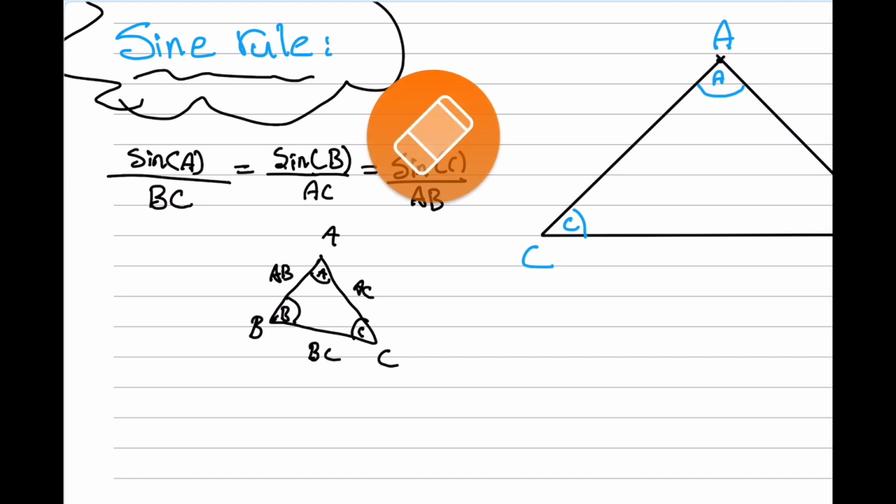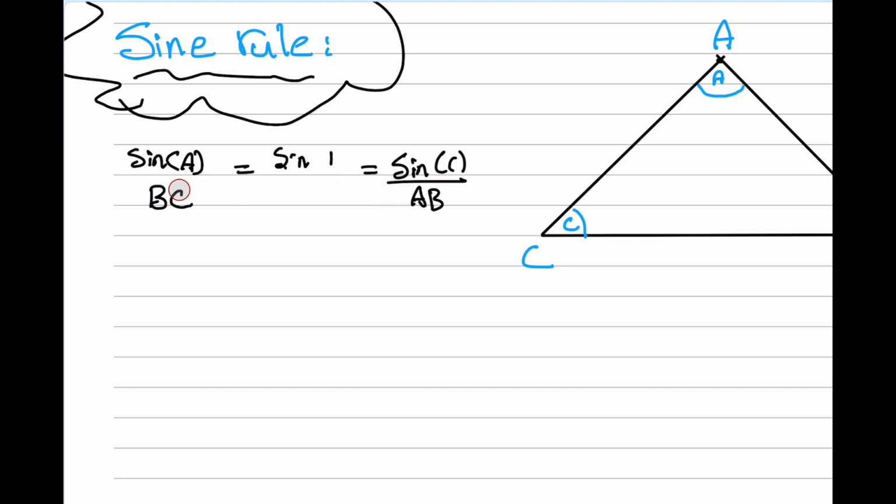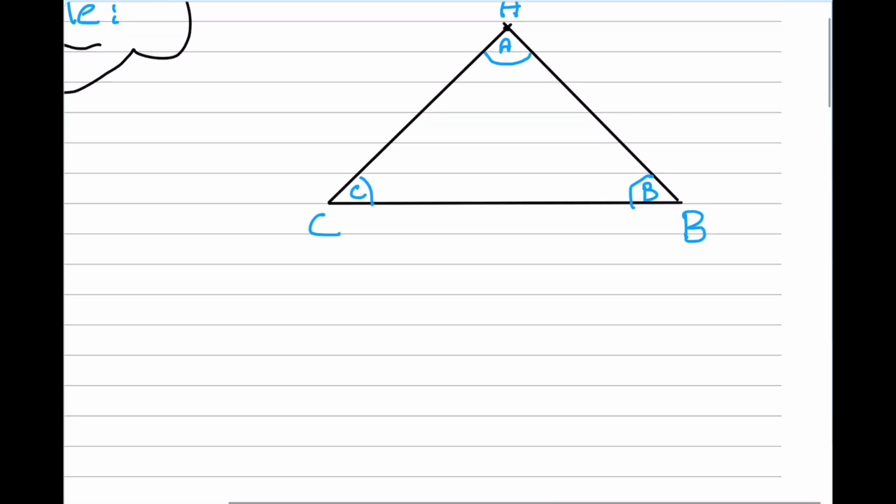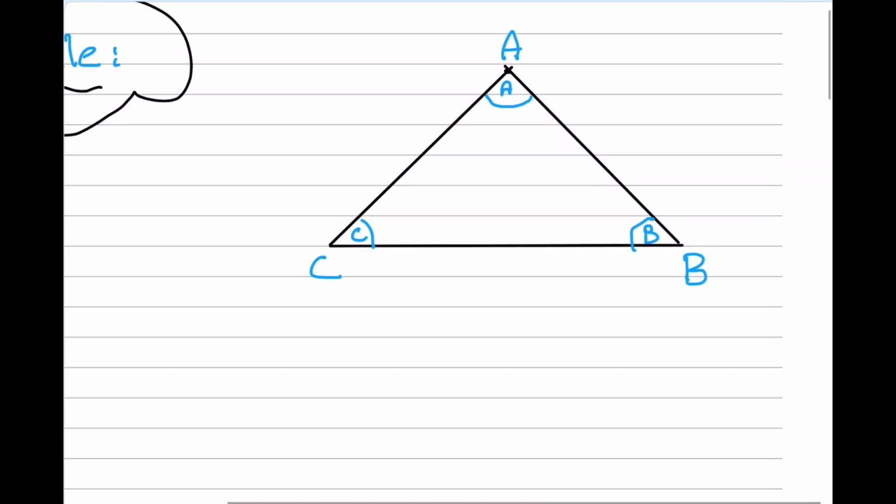So what is the proof? If we have a random triangle A, B, and C, the vertices are A, B, C, and the interior angles are A, B, and C. This side is AB, this side is AC, and this side is BC.